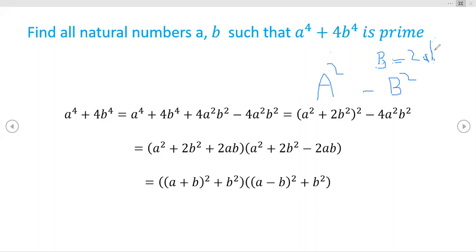I apologize, the Wi-Fi is bad here. If you square this, you get 4a squared b squared.